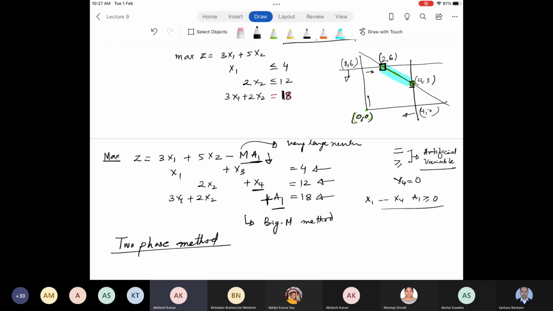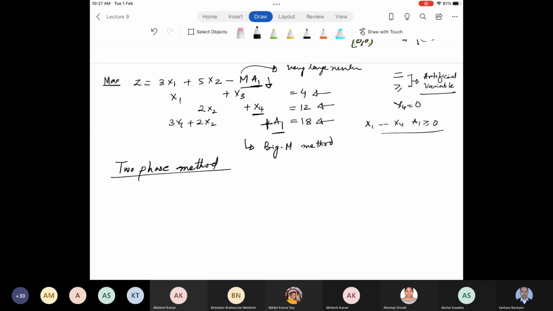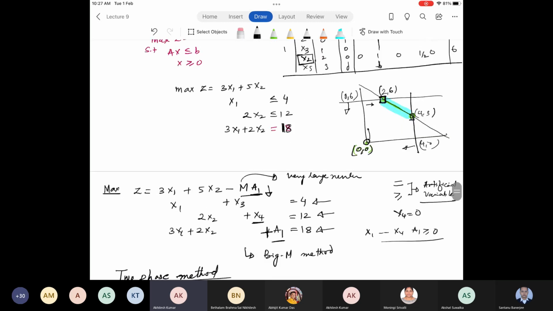So in the two-phase method, what we do, let me just write down: maximize g equals 3x1 plus 5x2, x1 plus slack variable equals 4, 2x2 plus slack variable equals 12, and 3x1 plus 2x2 plus a1 equals 18. x1, x2, s1, s2, a1 greater than or equal to 0. As I said, the first phase starts from here and reaches one of these points, and the second phase then tries to solve the original problem.